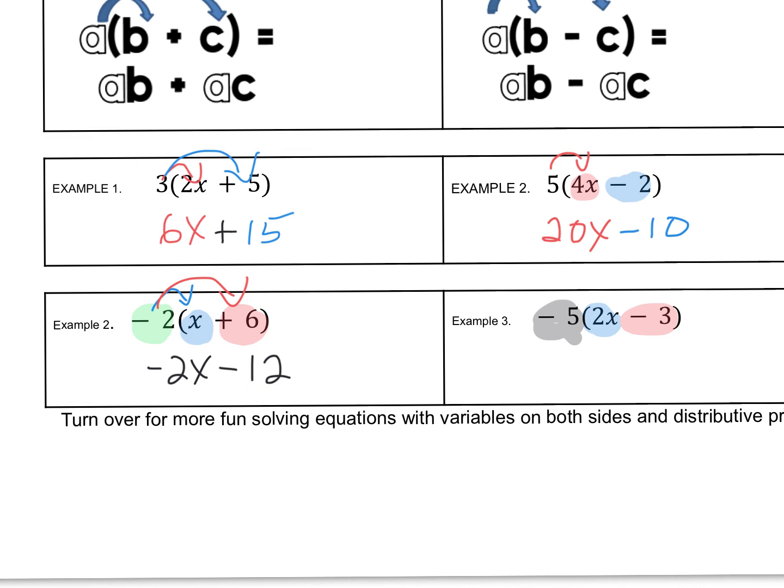So when I do that, negative 5 times 2x is negative 10x. And then when I multiply negative 5 times negative 3, remember that a negative times a negative gives you a positive. So we would have plus 15. Okay, that's a use of the distributive property.